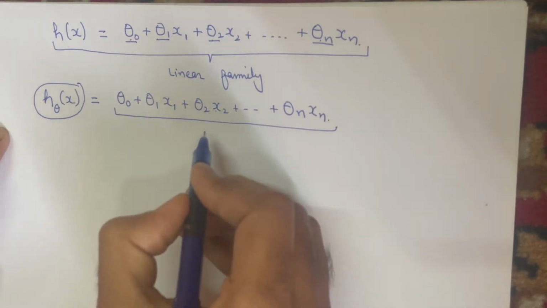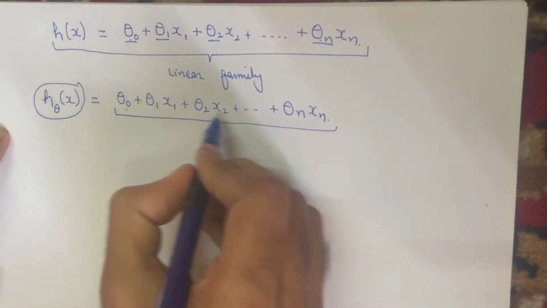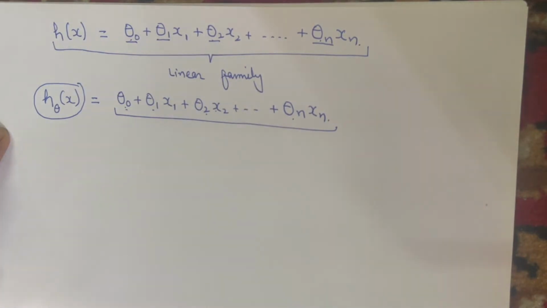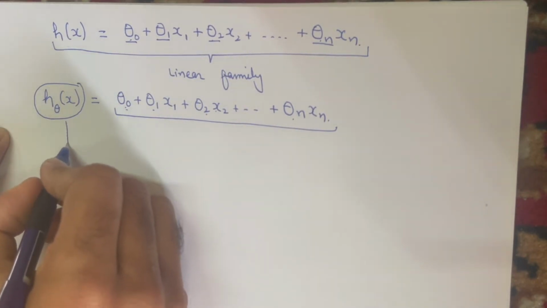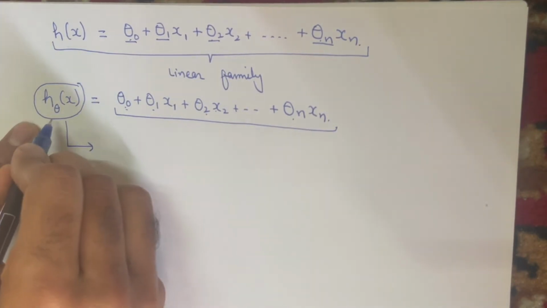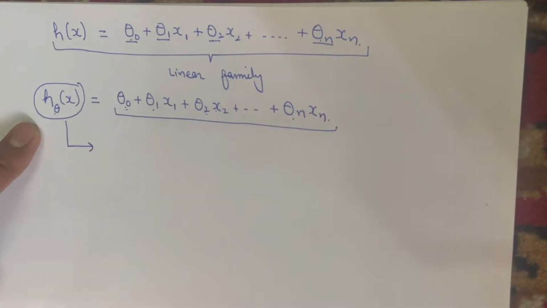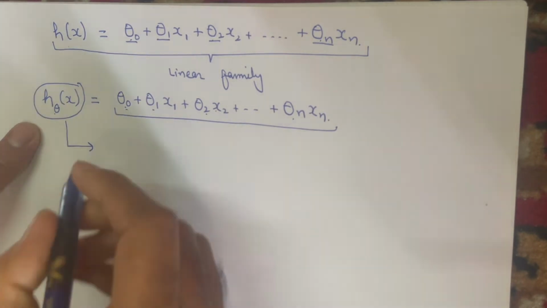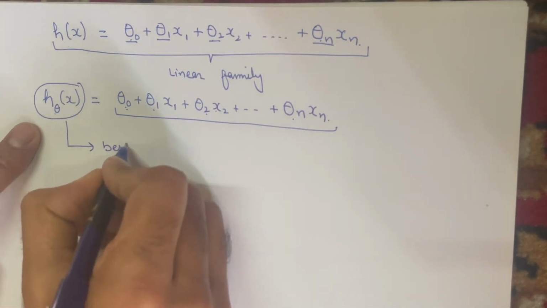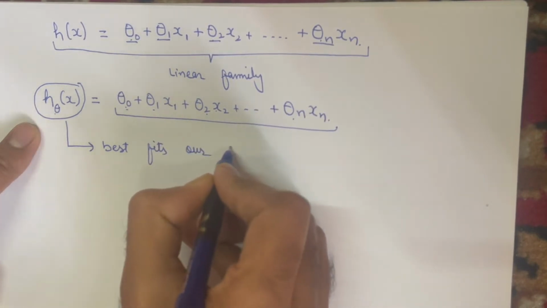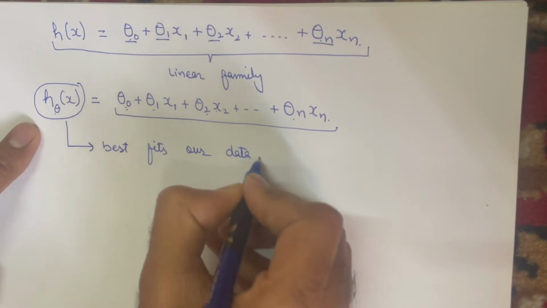Okay, and but I said that this hypothesis function changes with the change in value of these parameters, but our aim is to find one particular hypothesis function because it represents n number of functions, but we want to find one particular hypothesis function that best fits our data. And how can we find that?